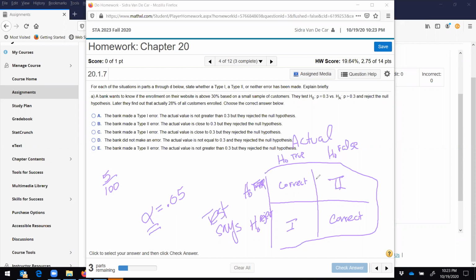The other one, the type 2 error, remember I told you in the slide, is a little bit more complicated, but it's the same idea. I fail to reject when it's actually false, okay?